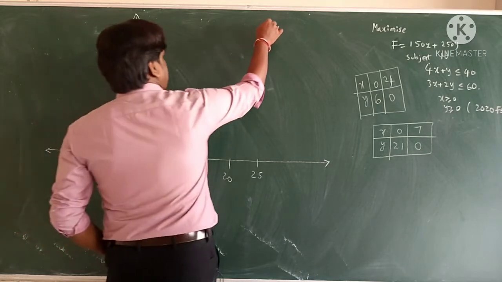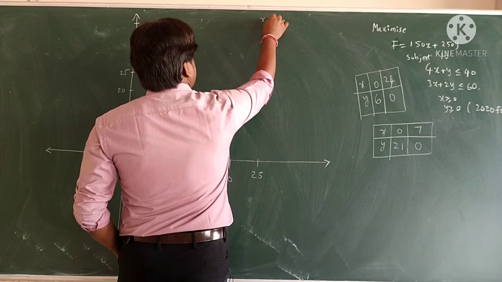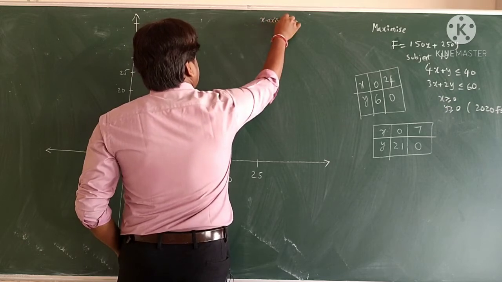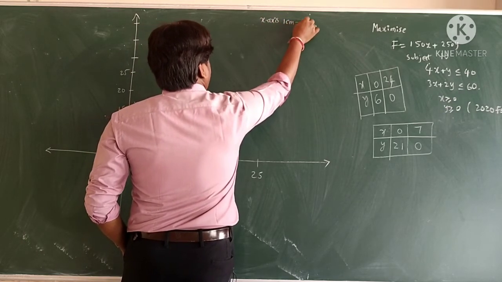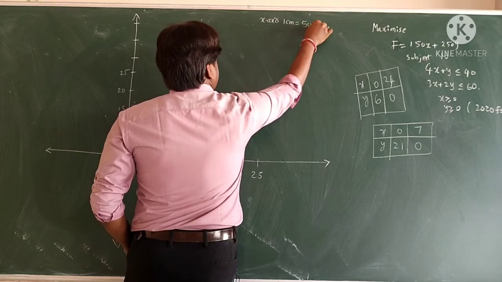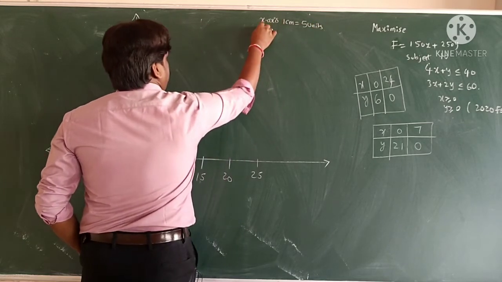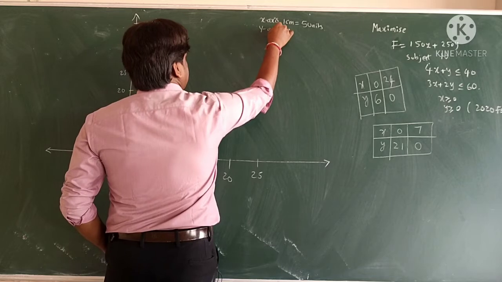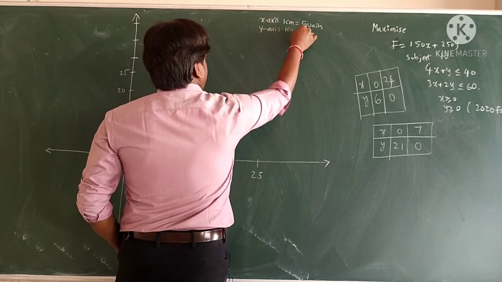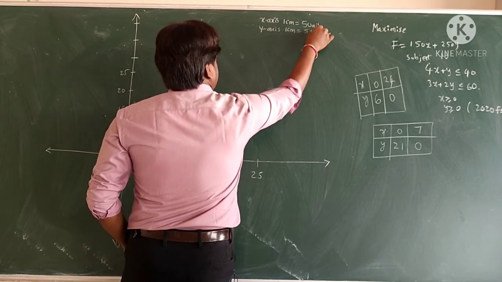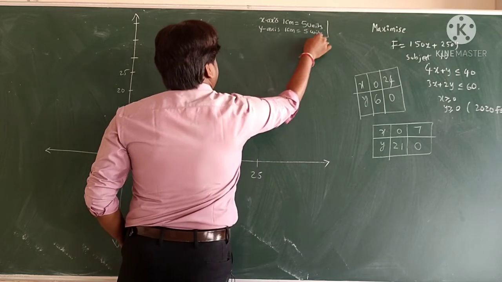Now you will write here: x axis, 1 centimeter is equal to 5 units. Y axis, 1 centimeter equal to 5 units. You will write this for every graph.